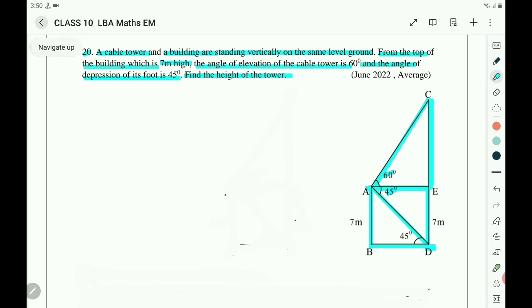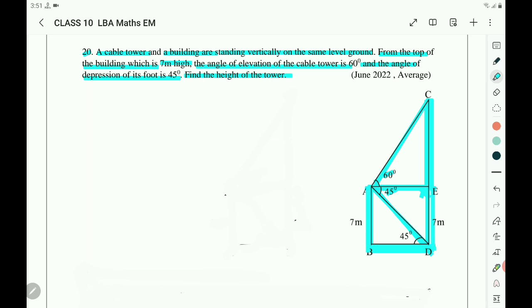That is the width of the building. AE is equal to BD. It is the bottom of the building. It is the upper portion of the building. Therefore, use the triangle AED. It is also a right angle triangle. Angle AED is equal to 90 degree because the tower is perpendicular to the building. To find AE, here ED is given.